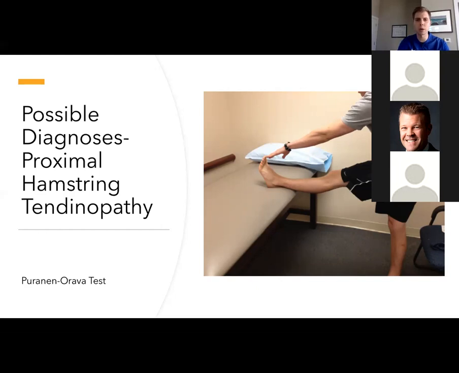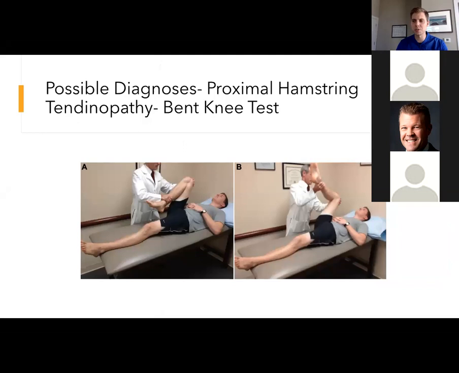So what I would actually probably go to if I was trying to really tease between a hamstring strain and a tendinopathy would be this test, which is the bent knee stretch test. For this, the hip and the knee of the symptomatic extremity are maximally flexed, and then the knee is slowly passively extended by the examiner.